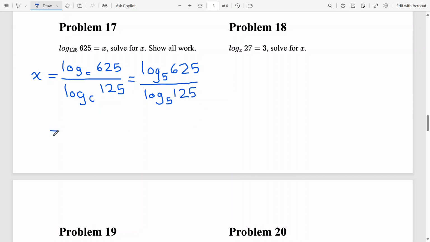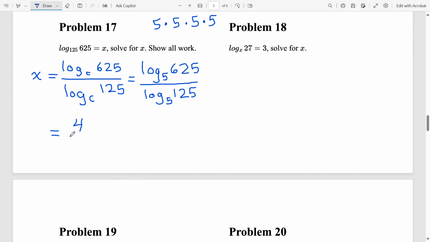Okay, so let's go down here. How many 5s do we have to multiply together to get 625? Well, 5 times 5 is 25. We multiply by 5 again, that is 125. And if we multiply by 5 again, that's 625. So 4 5s, so it's going to be 5 to the fourth power.